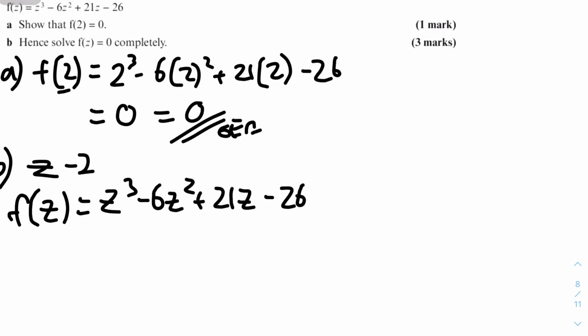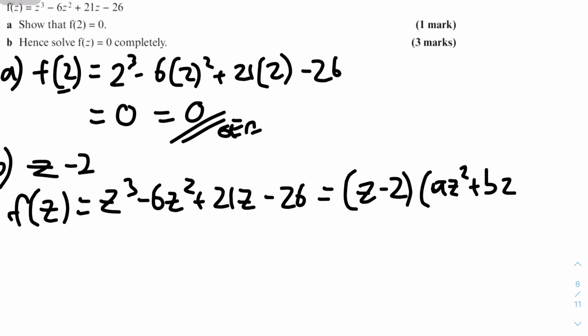It's equal to z minus 2 times a quadratic, az squared plus bz plus c. So now we just have to find what a, b, and c are to solve the equation completely.